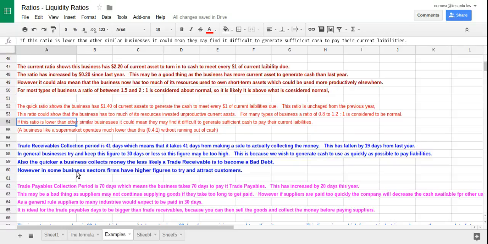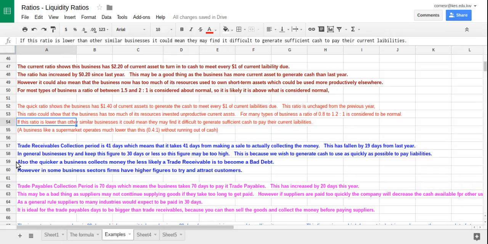And the reason why we have the two ratios is that inventory is the hardest asset for most businesses to turn into cash. Because you've got to turn it from cash into trade receivables, and then once it's a trade receivable, you've got to generate the cash from the customer. So that ratio is considered to be, if you like, an improved version of the current ratio.